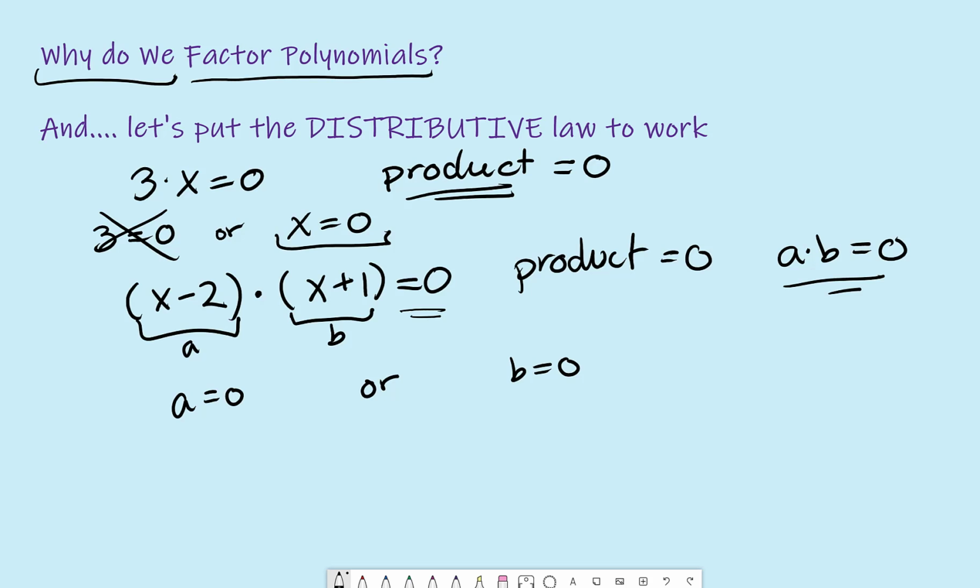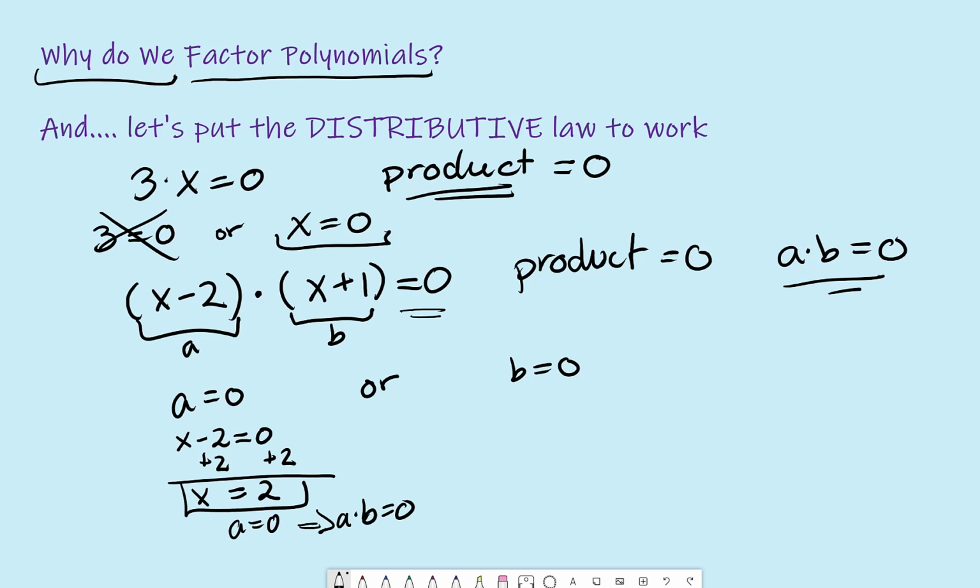So what do we get here? If A equals 0, that means that x minus 2 equals 0. This is an equation that we know how to solve. Let's just add 2 to both sides of the equation and we get x equals 2. So that's one solution. If we take x equals 2, A equals 0, and then A times B equals 0, and we're good.